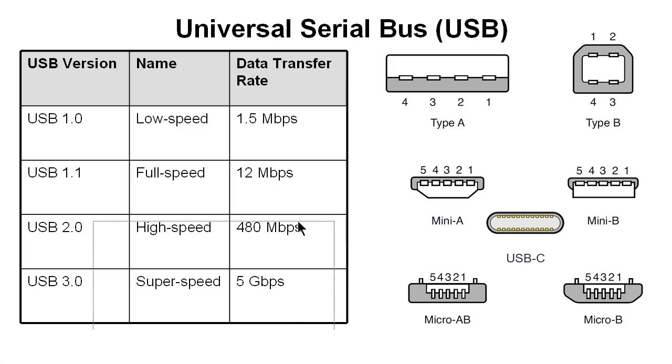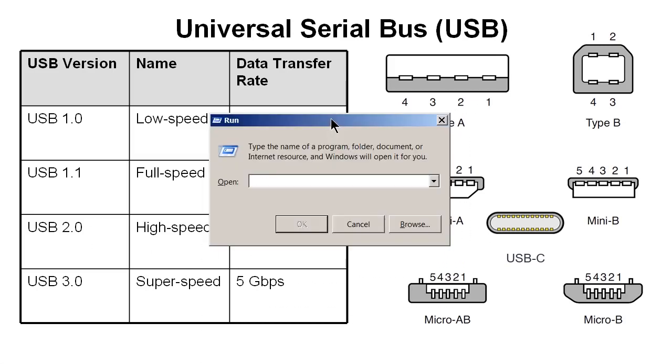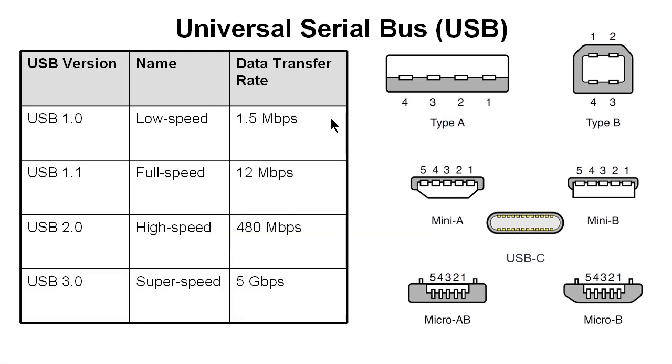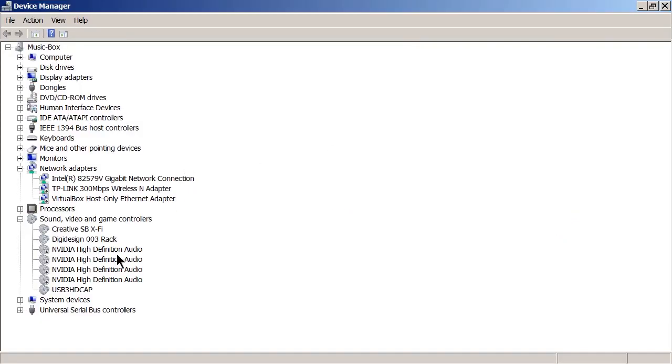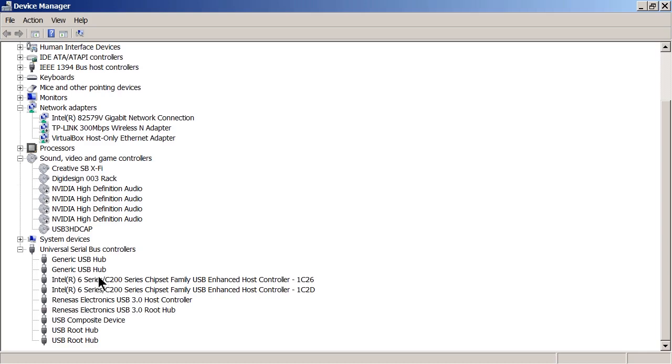We could go to Device Manager and bring up the Run prompt. I like to type in the executable of Device Manager, which is devmgmt.msc. Press Enter, and that'll bring up Device Manager. We see our USB controllers, for example, USB Root Hub or the Enhanced Host Controller for USB 3.0.